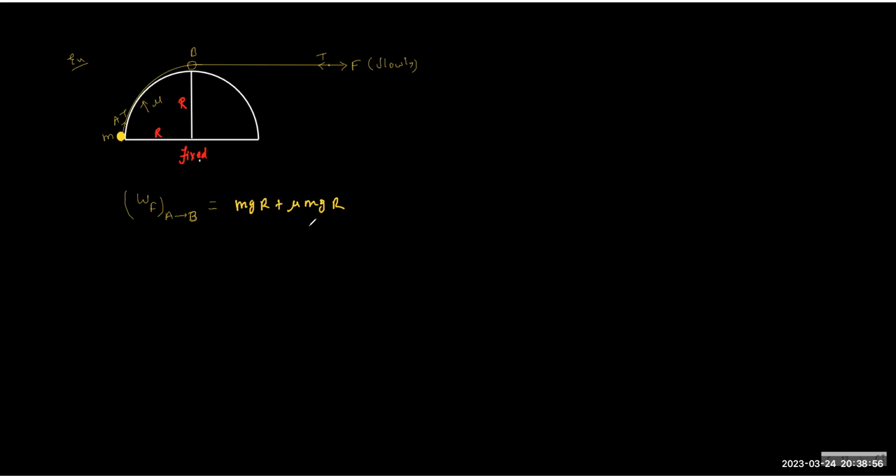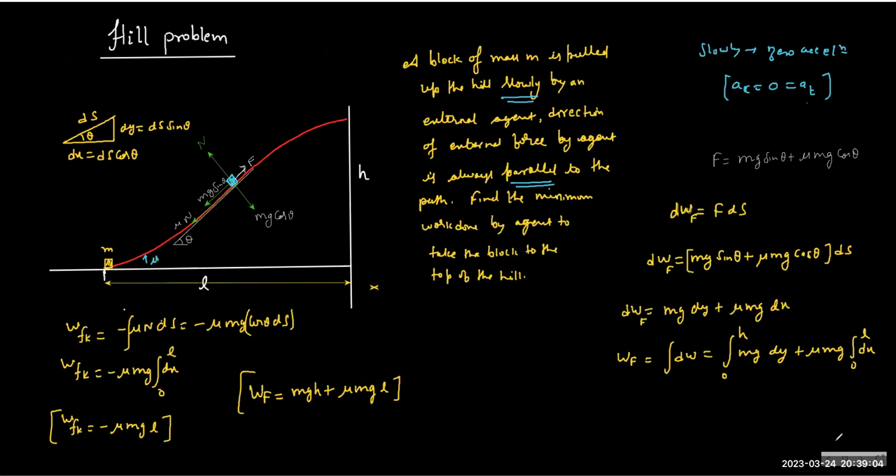So that cannot be the answer. So here the answer is mu mg into horizontal displacement. You have to always check this answer. So try solving this question two times, three times. Try to realize. And these are the questions which you should remember as theory in order to solve some other challenging problems.